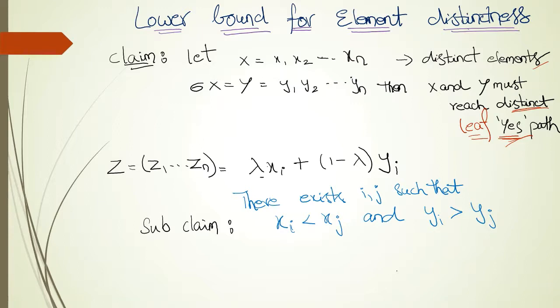If we can prove that there are n factorial such paths, then we can prove the lower bound of omega of n log n.